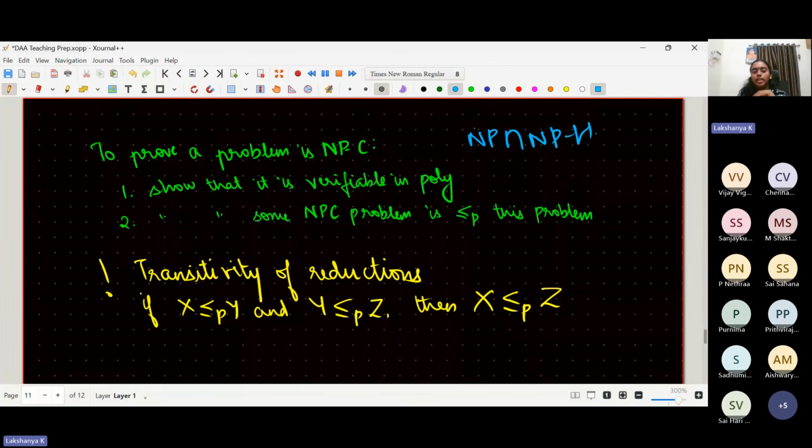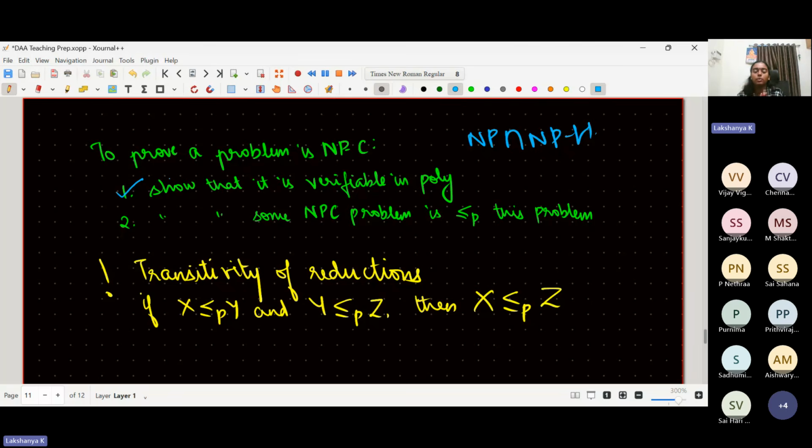So, to prove that it is NP, you just have to show that it is verifiable in polynomial time. That will usually be like common sense. Someone give me an example of a problem. Say 0-1 knapsack is NP complete, prove it. The decision version can be solved in polynomial time. It is common sense.